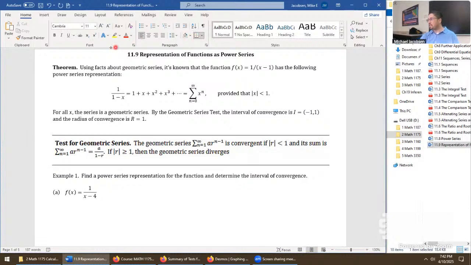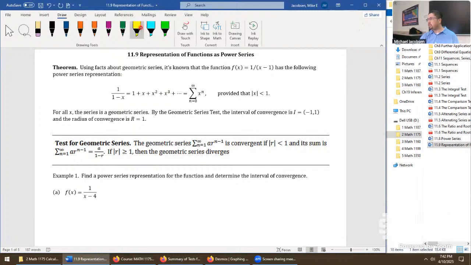So taking a really strong look at this, the big feature is how does the geometric series converge? The absolute value of r has to be less than 1. And over here, we're told that this geometric series converges to 1 over 1 minus x, and this is just the sum listed out, if the absolute value of x is less than 1. That's our tie-in. So the absolute value of x is playing the role of the absolute value of r.